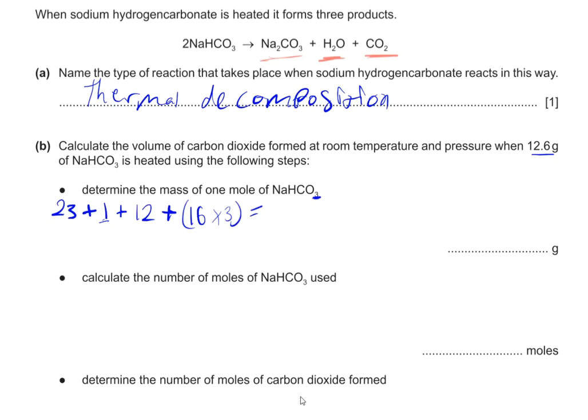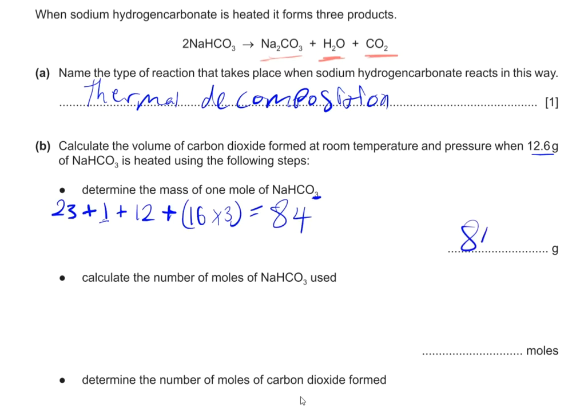Always, if you do not know the mass numbers of any element, you should refer to the periodic table, or even if you know, you gotta make sure, so always check the periodic table for this. And the mass number is 84.